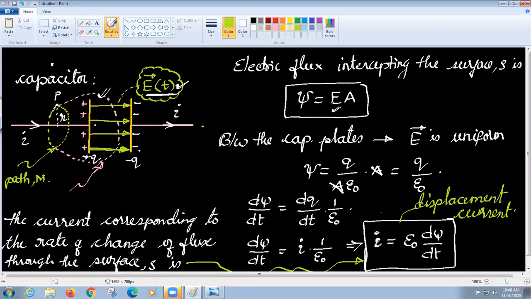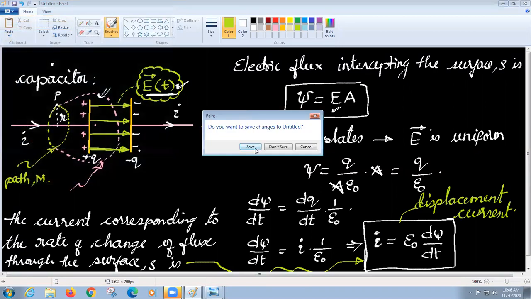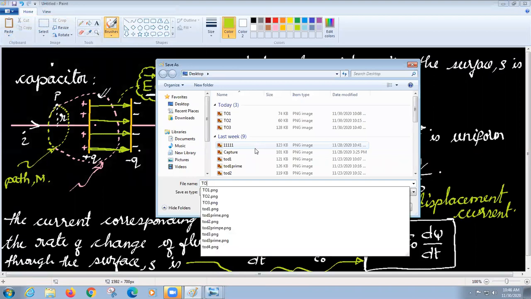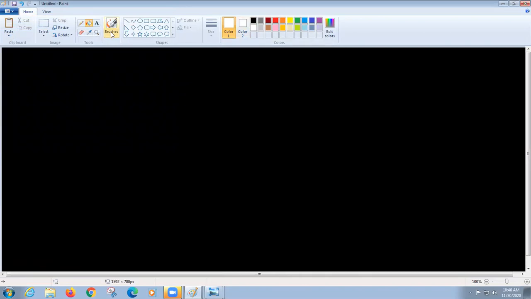Now, to give a better feel, if you want to cover every nuance of this obtained equation, let's take a further step. As of now we have I is equal to epsilon d psi over dt.